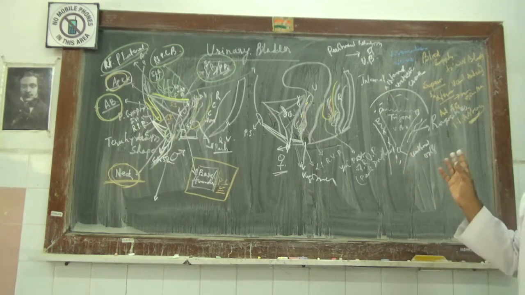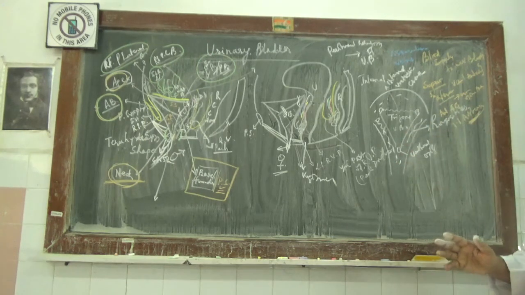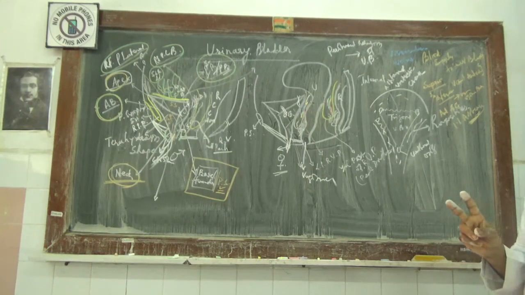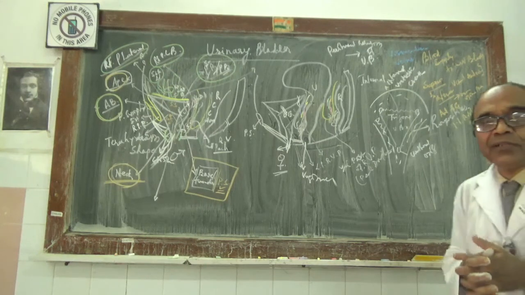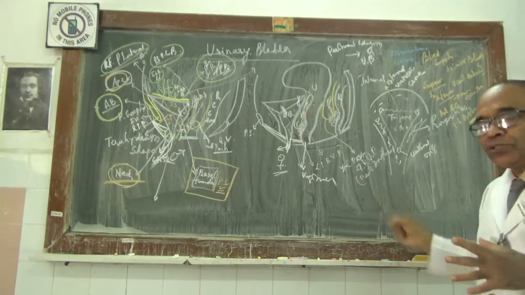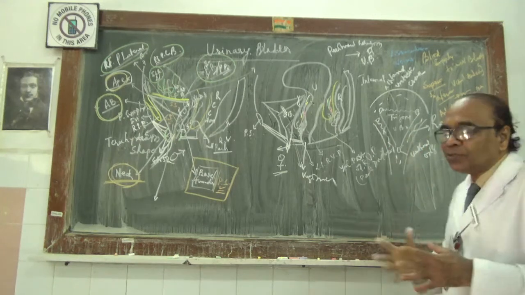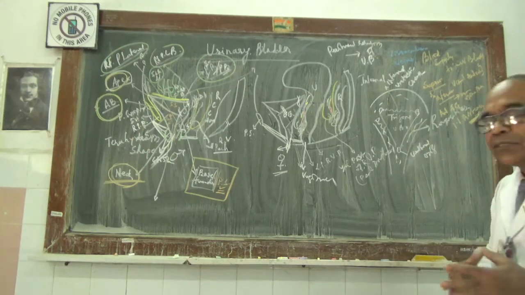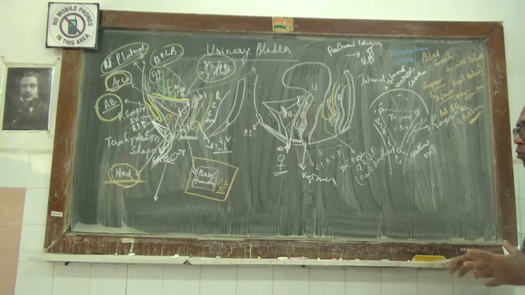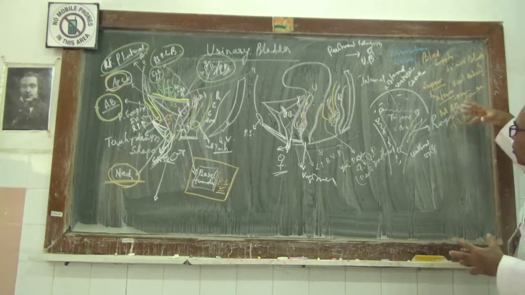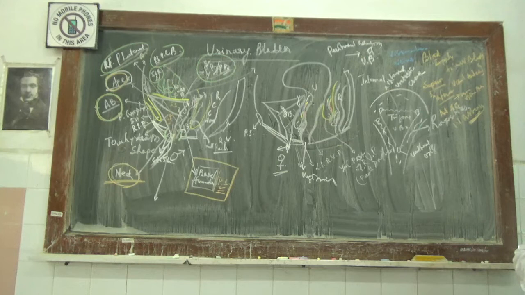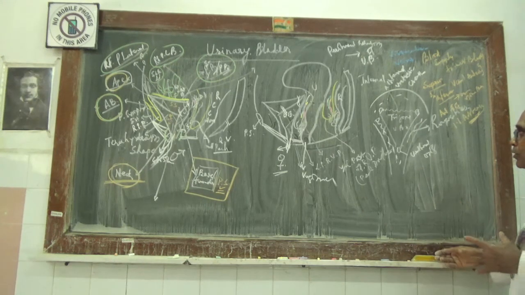Lymphatic drainage of this urinary bladder has two types, superficial and deep lymph vessels, both afferent and efferent. They drain from all the nook and corner of the urinary bladder and open into the vesical group of lymph nodes, which are there all along the arterial and venous branches and the tributaries.